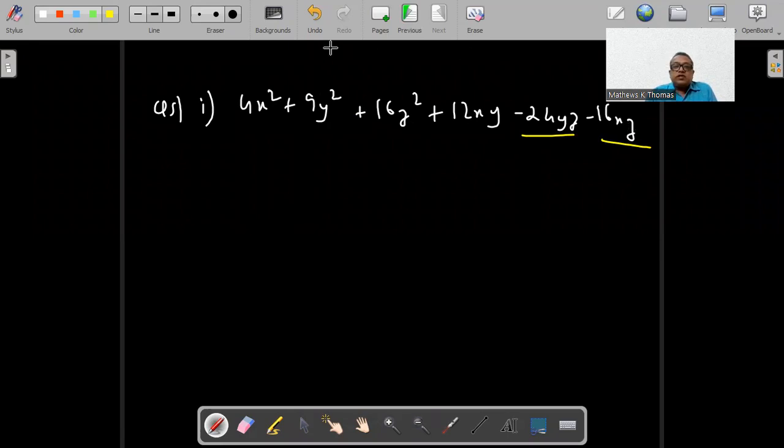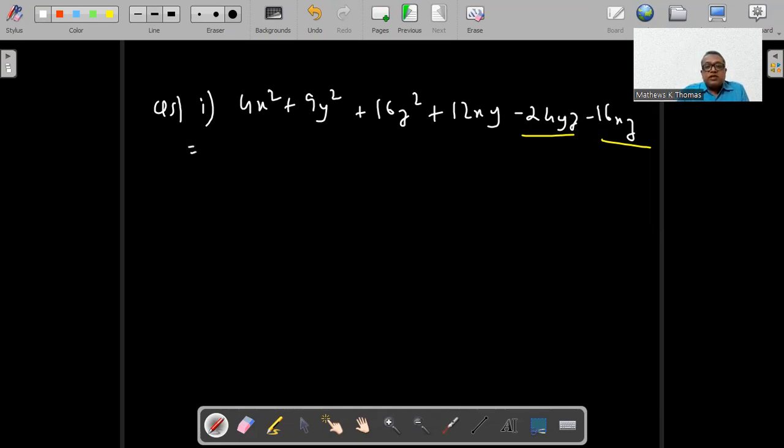You'll have to check the alphabet which is common here, yz and xz. Z is common, that means z is negative. Again, I'm repeating, there are two negative terms here. Whichever is the negative term here, yz and xz, the common alphabet is z. So that means z is negative.